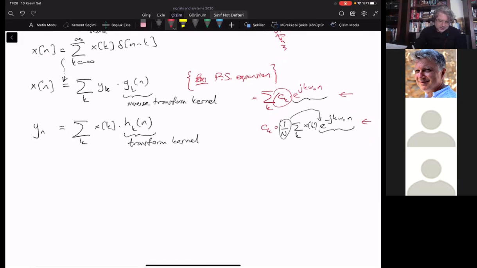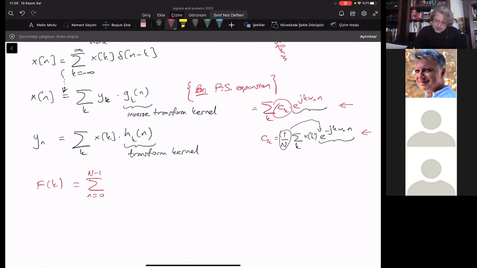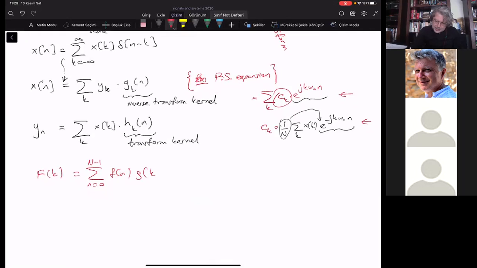So what I mean is this: if you say, for example, the transform, let's say f of k, to be equal to the sum over n from 0 to capital N minus 1, so it's finite, of lowercase f of n, g of k and n.